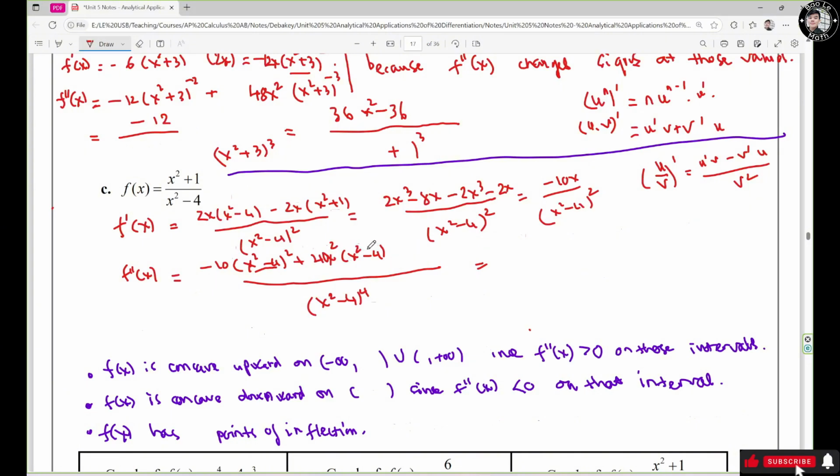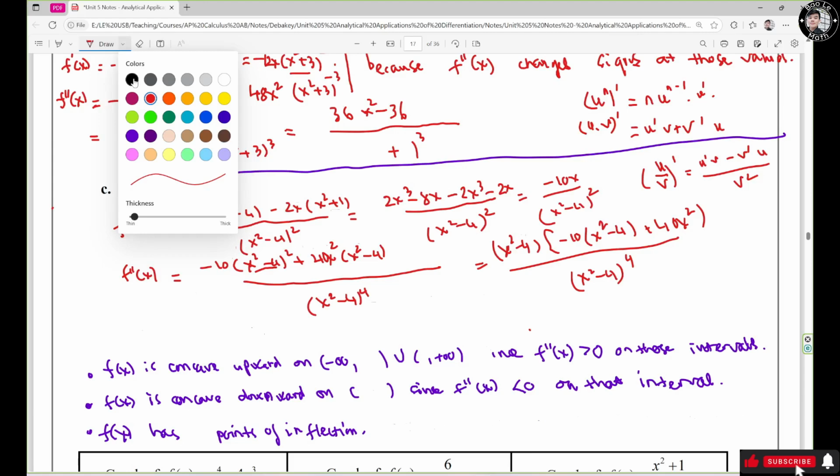Now I need to factor s squared minus 4 out, right? So I have (s squared minus 4) times negative 10 times (s squared minus 4), plus 40s squared, right? Over (s squared minus 4) altogether to the power 4, right?